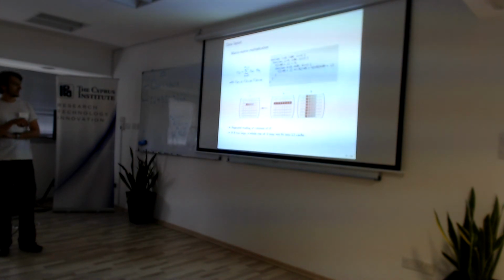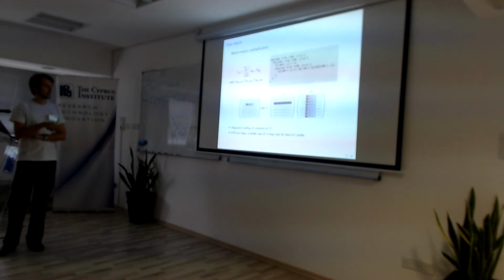So in principle, if n is too large, then there's another issue: if this row doesn't fit anymore in the L2 cache, you have to recall elements which you need.